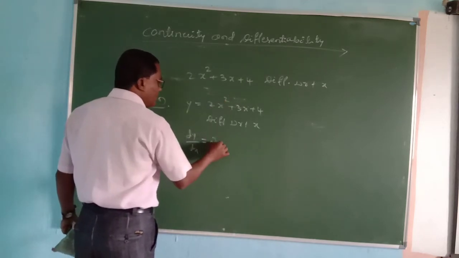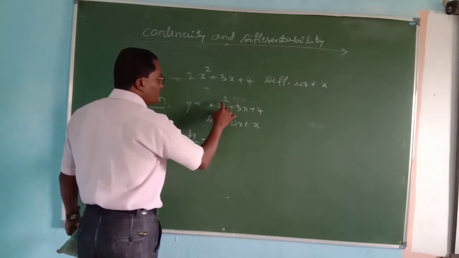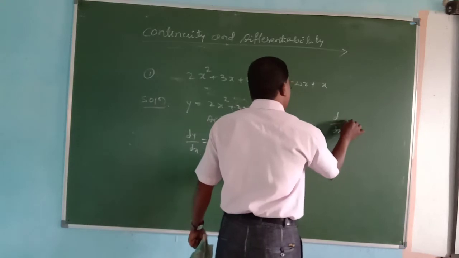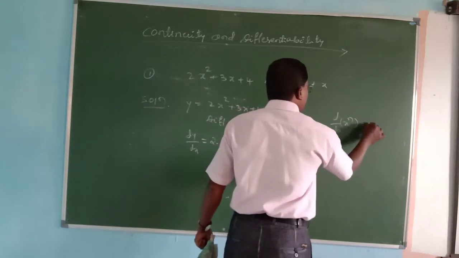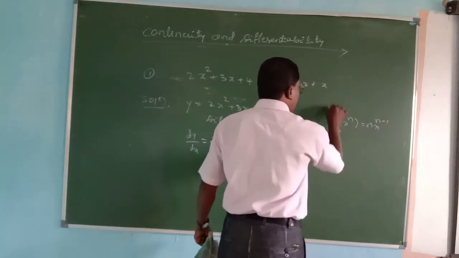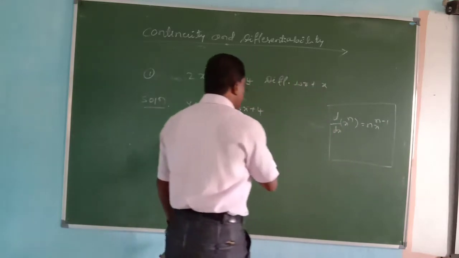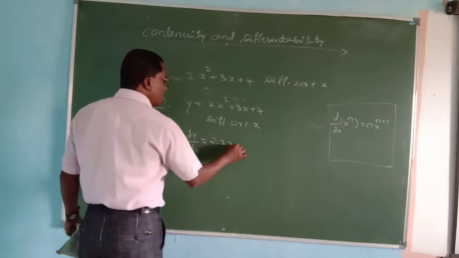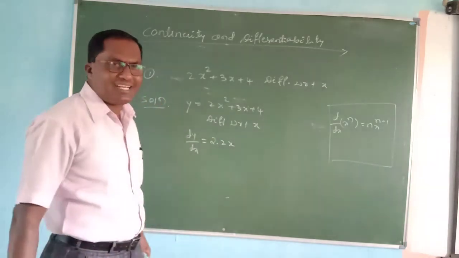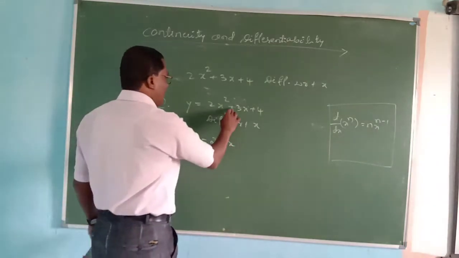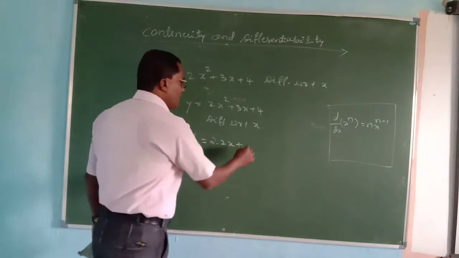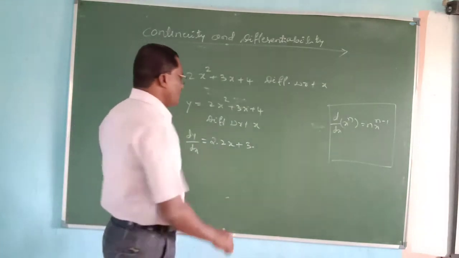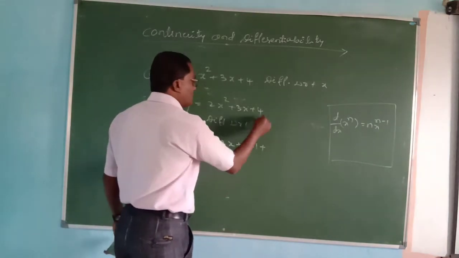The same formula is used here: differentiation of x raised to n is equal to n into x raised to n minus 1. That is 2 into x raised to 1, which means 2x directly. Plus 3 into the differentiation of x, which is 1. Plus the differentiation of a constant, which is always 0.